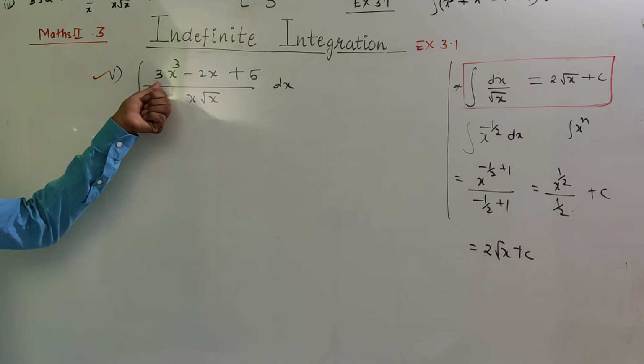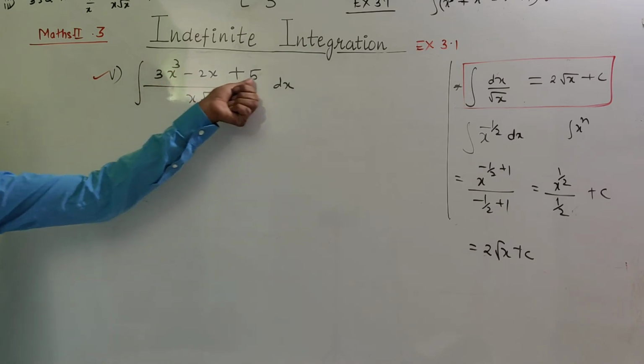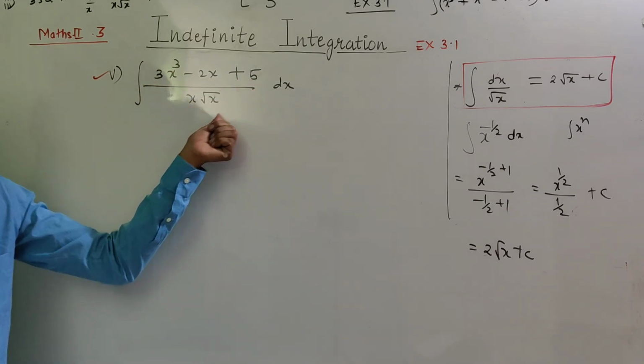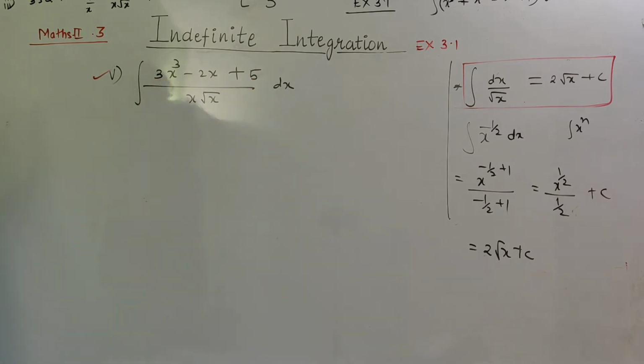Fifth sub question ये 3x cube minus 2x plus 5 upon x root x. Separate करेंगे हम integral.